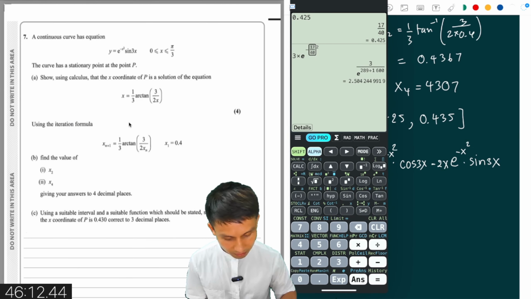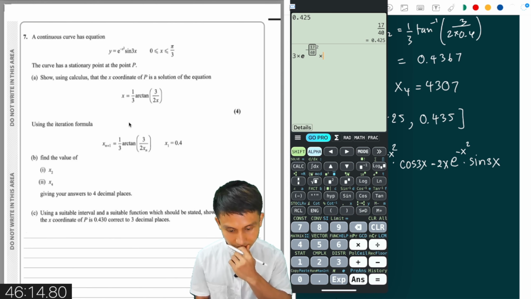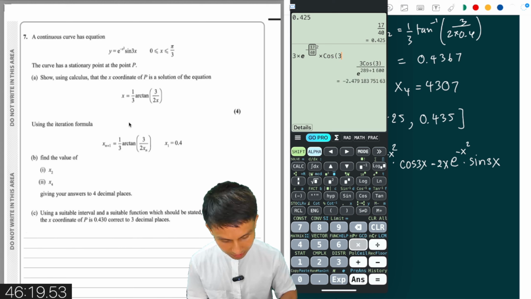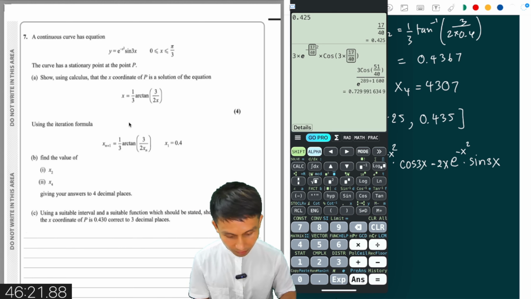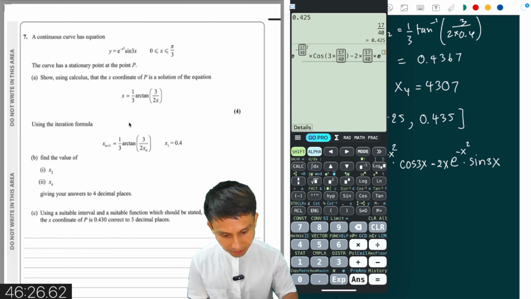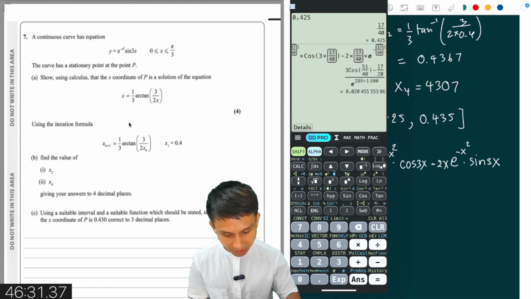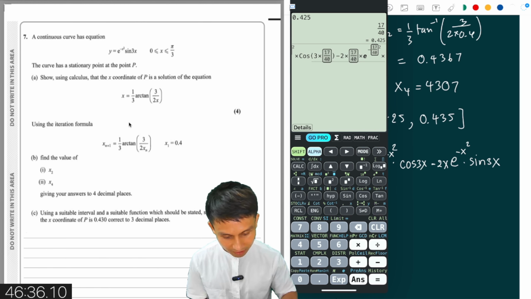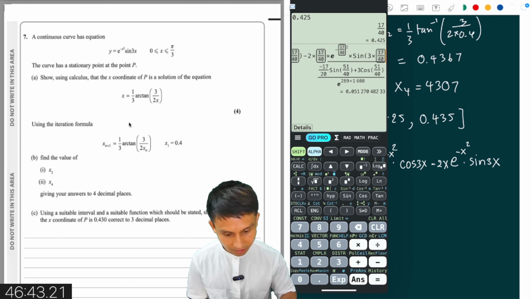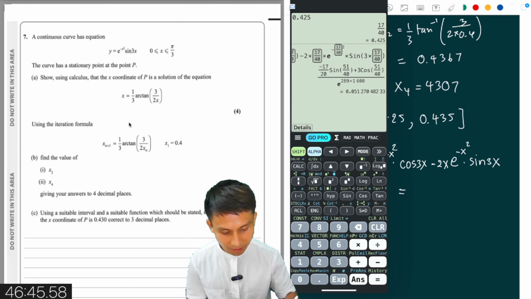Put it down, times, this is already in radian, cos of 3 times answer minus 2 times answer times e to the power of minus answer squared. Okay, and then times down here sine of, let me check the sign, 3 answer, and that should be fine.